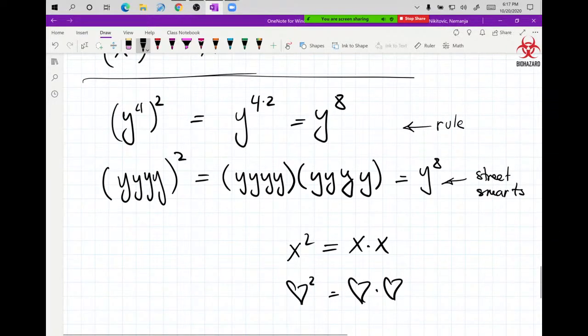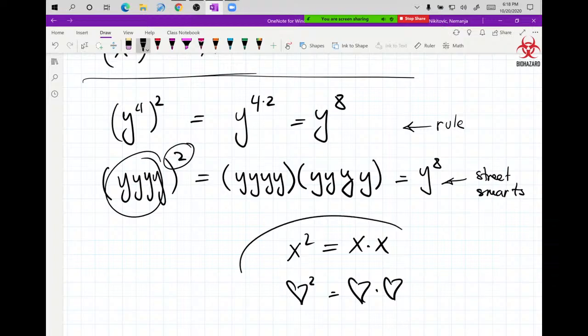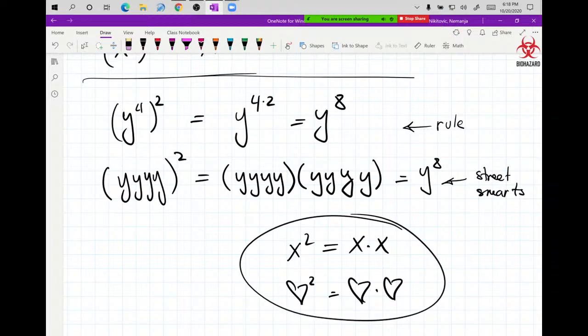So the idea is that no matter what base you have, when you have a square on it, it looks the same here, which is this one, as just multiplied this many times. So what do I have? I have this 4 y's squared. Well, by looking at my little cheat sheet over here, I don't care if these are 4 y's or this is a single x or it's a heart, it can be anything. Whatever is in there getting squared needs to be written twice exactly the same.